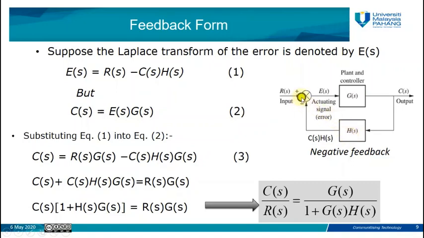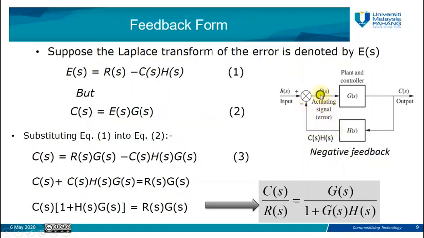We also have the summing junction, the output, and the input signal. Usually the signal ES here represents the error signal, which comes from the input value minus the feedback value.